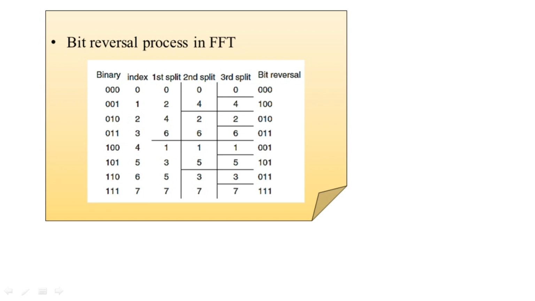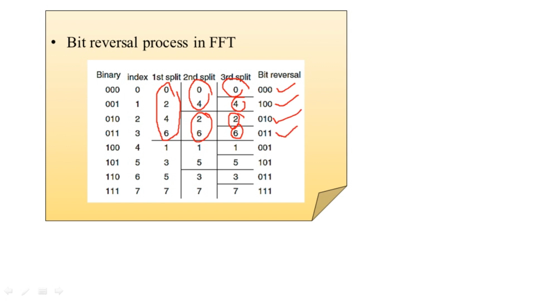Whereas the first split here we make and arrange them as 0, 2, 4, 6. At the second split we take 0, 4 and then the left one 2, 6 here. At the third split we take 0, 4, 2, 6 here. So the bit reversal here you can see at the output we have 000, 100 corresponding to 4, 010 to 2, 110 to 6 here.